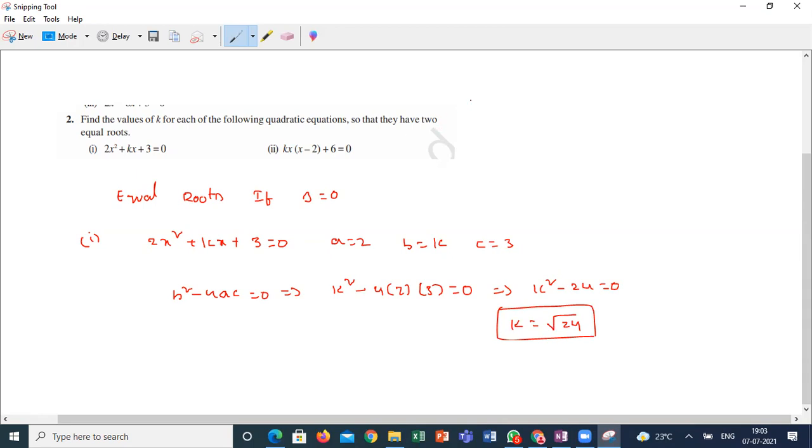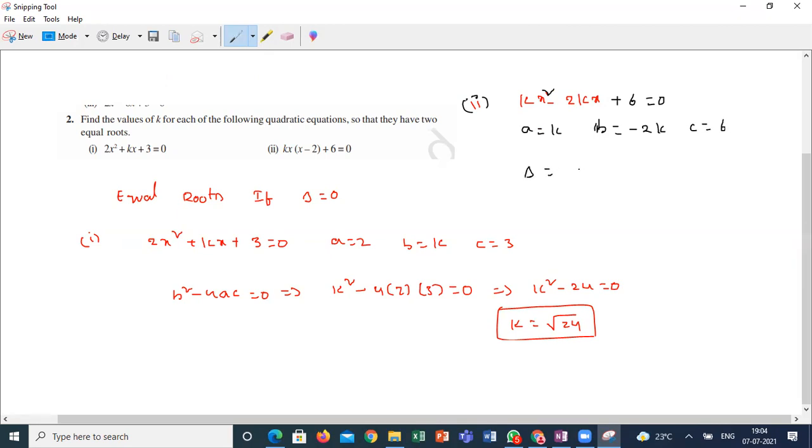If I am taking the second question, kx square minus 2kx, expanding and writing in standard format: kx square minus 2kx plus 6 is equal to 0, where a is equal to k, b is equal to minus 2k, c is equal to 6.